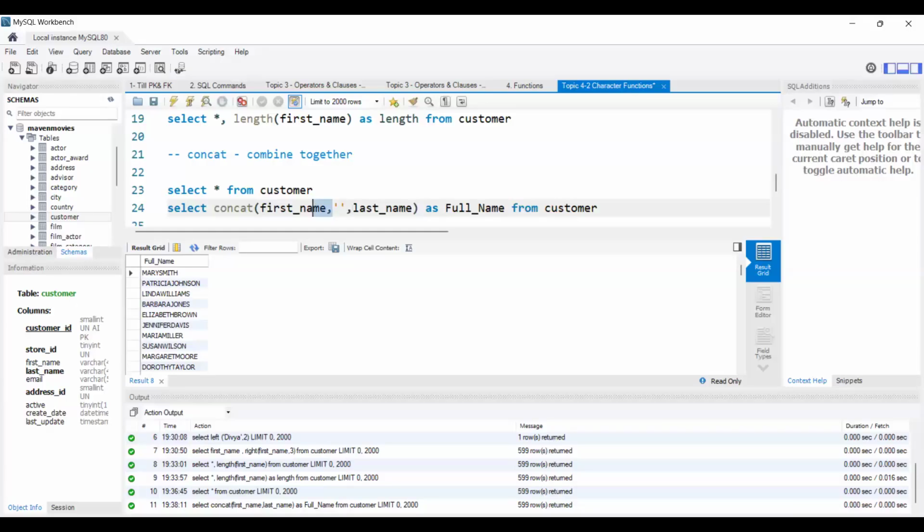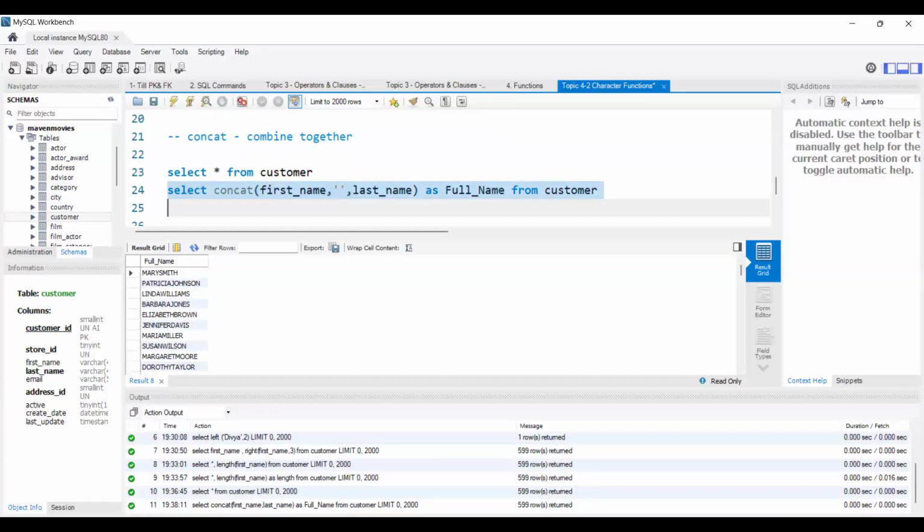That means after first name, one comma, then two single quotes, then one more comma and last name. These quotes indicate I want a space: first name, a space, last name. Let's see this output.